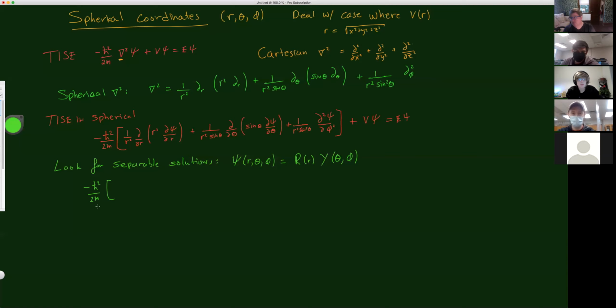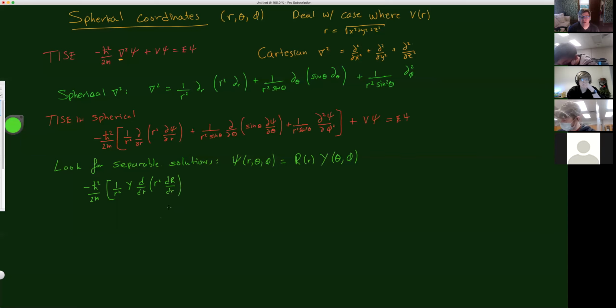It could be a total derivative, or an ordinary derivative, I mean. Okay, so we have 1 over r squared, and then we have our Y function because it's just going to pull out of all the derivatives. And then we have d dr, because this is no longer a partial, since there's only r squared in here and the big R. And we have r squared and then dR dr.